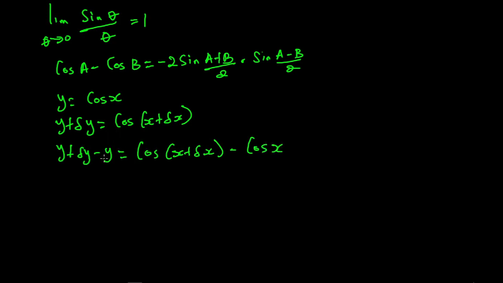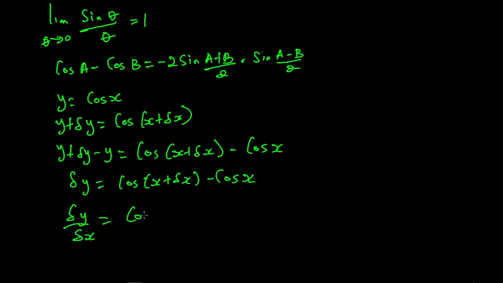This y is going to eliminate this y, and we'll be left with delta y equal to cos of x plus delta x minus cos x. So delta y over delta x is going to be cos of x plus delta x minus cos x all over delta x.